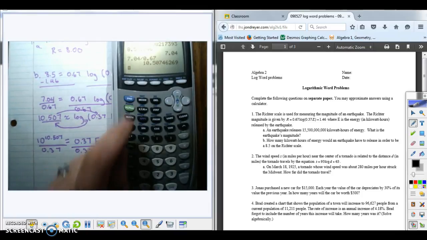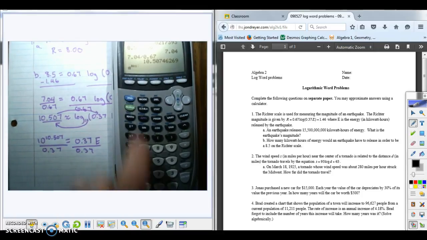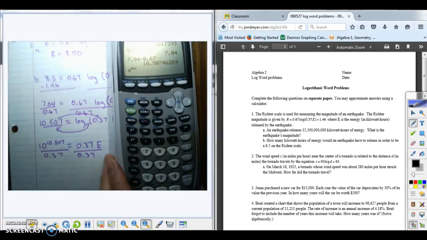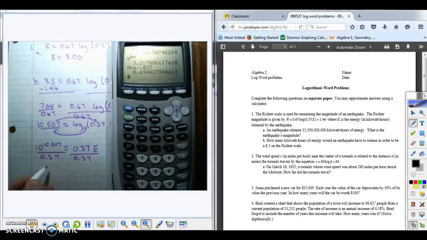So if I hit second log, that's 10 to some power. Instead of typing in 10.507, all that stuff, if I hit second negative, it gives me the answer from the previous line. So I do that, hit enter, get that number, divide by 0.37.